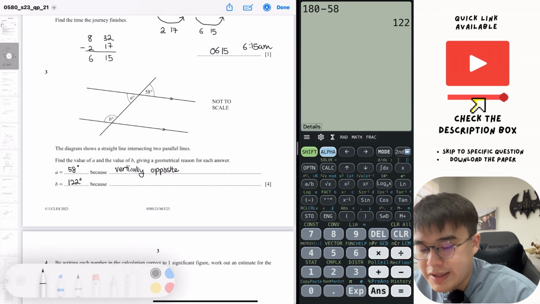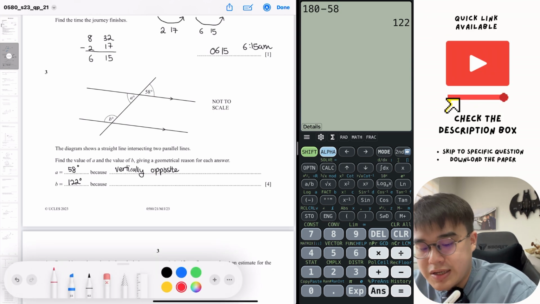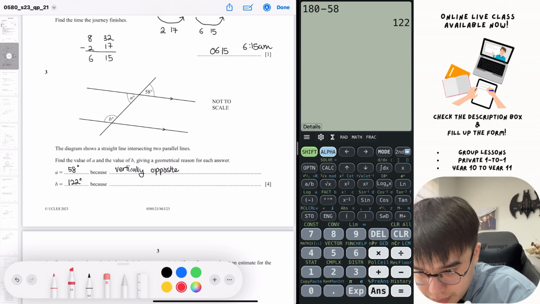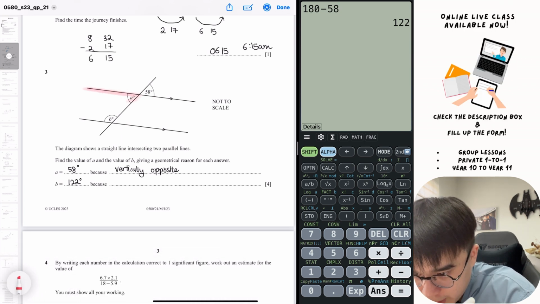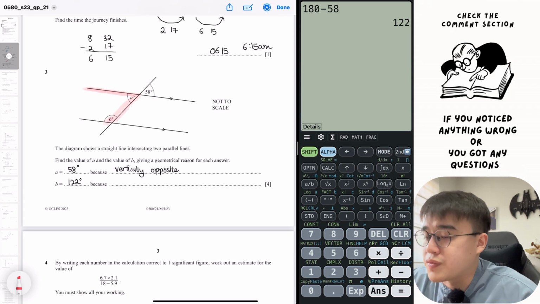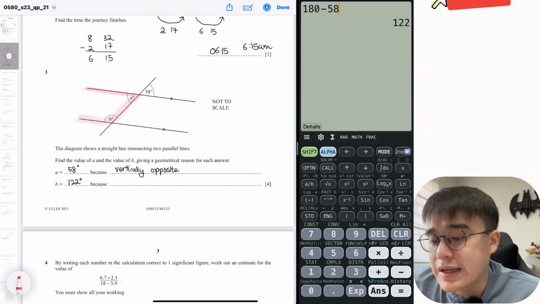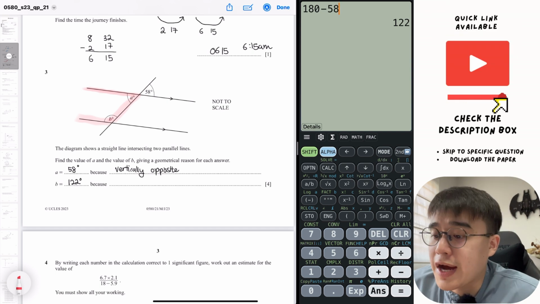So the reason behind this is it will automatically form a U shape here, if you can see. So when there's a U shape like this and they are parallel, then A plus B will actually be 180.